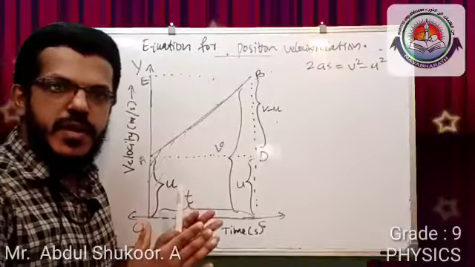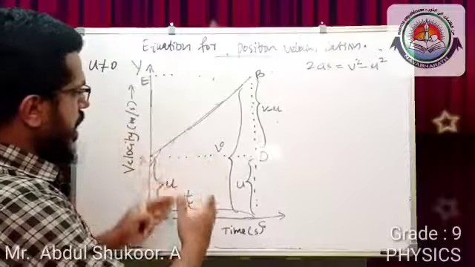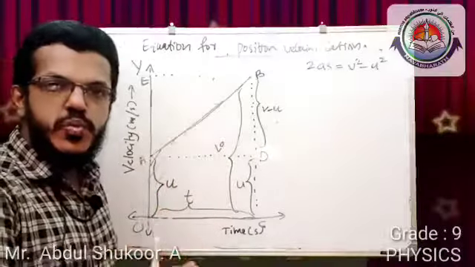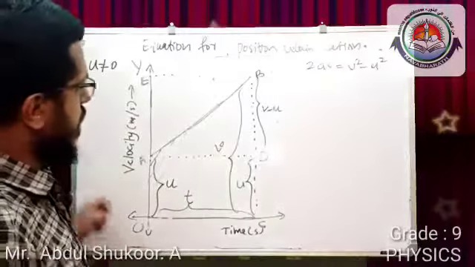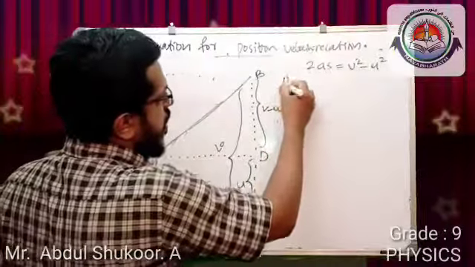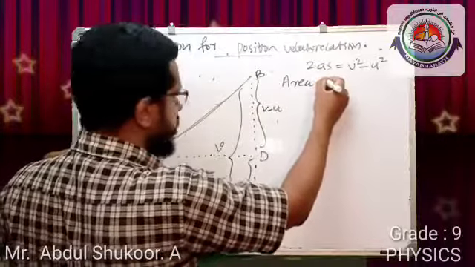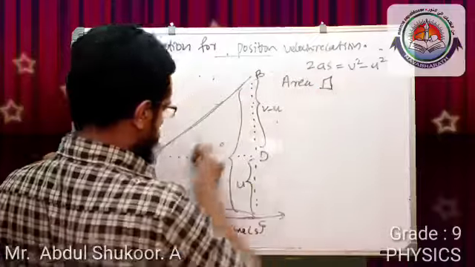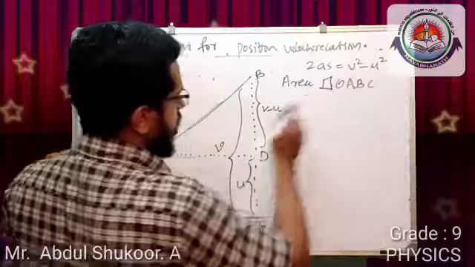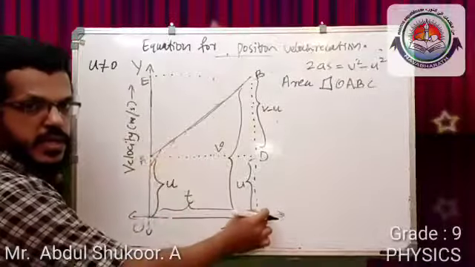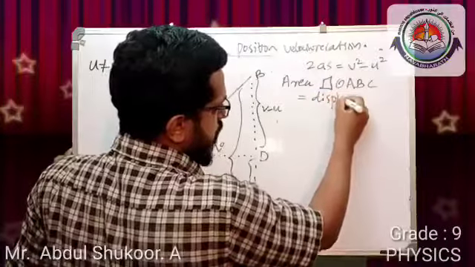That area is numerically equal to the displacement traveled by this body. So the area of trapezium OABC is numerically equal to displacement.